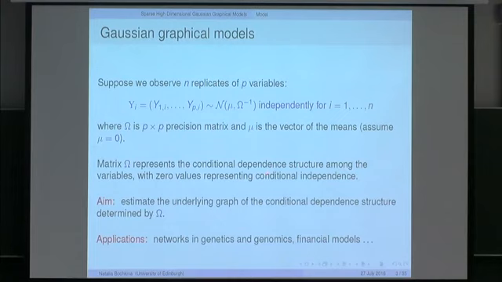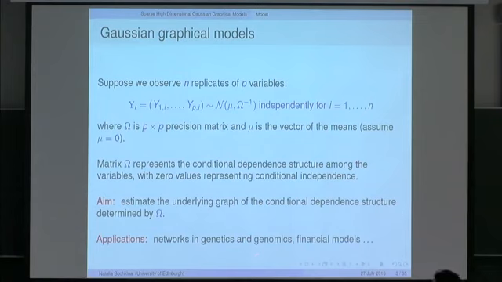We have IID copies, and generally this precision matrix represents the conditional dependence graph. So effectively, where we have 0, we have conditional independence, and we aim to estimate that graph. So we're not really interested in estimating omega per se, but more whether the entries are 0 or not.